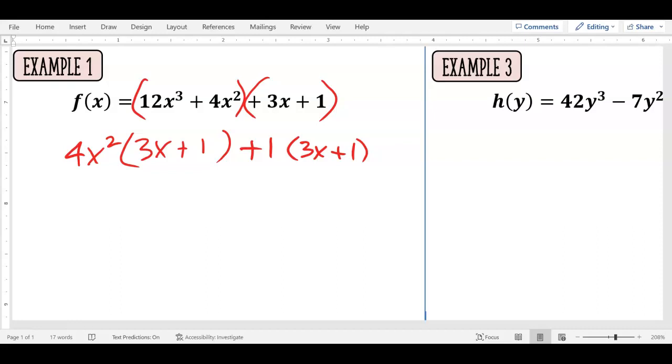Now, at this point, you want to think, do these parentheses match? They do. So since they match, we're good, and we can go ahead and move on. These matching parentheses are going to come down. You're going to rewrite it.